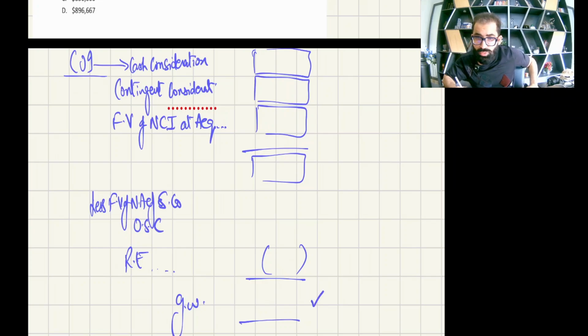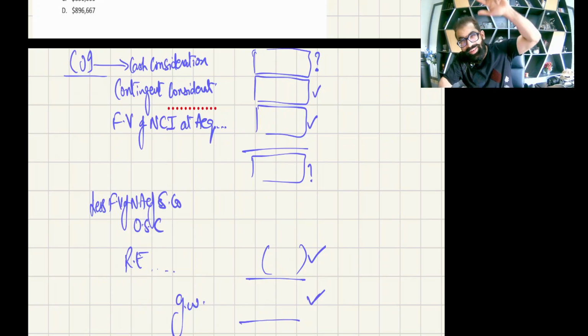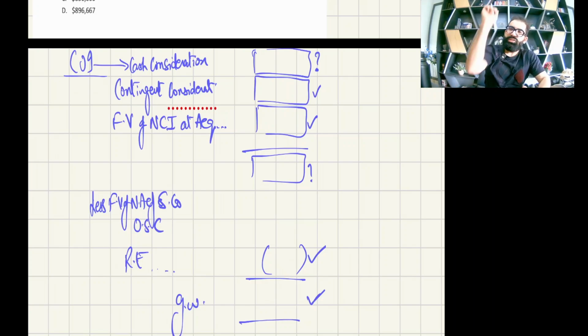They will give you this goodwill as well, so you first calculate the net assets, then finally you calculate the cash consideration. Total reverse working. Be active, nothing is difficult, but watch the dates, because it's a topic of mid-year or part-year acquisition.